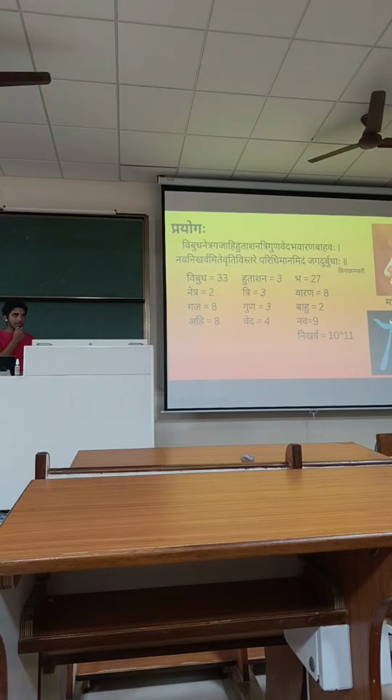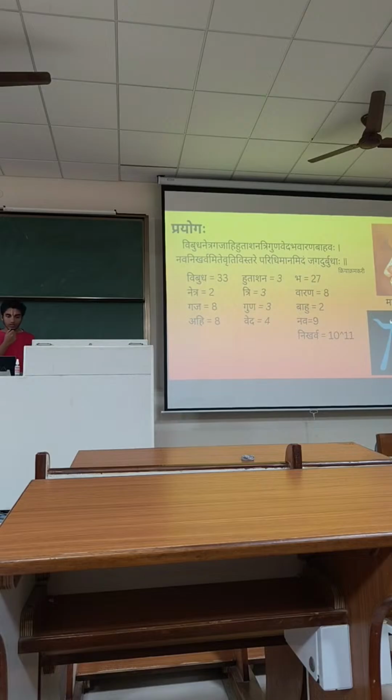Vibuddha means Devas. We have 33 Devas. Netra, 2. Gaja, if anyone recalls from our slides, was 8. Ahi is also 8. Hutashana, anyone wants to guess what is Hutashana? What is Ahi? Ahi is a snake, Naga. Guna, Satvik, Rajas, Tamas, so 3.